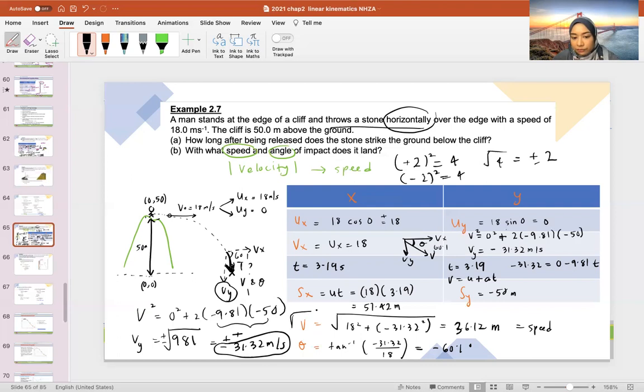Kalau kita cari V untuk magnitude ni kan, yang ni sebenarnya ada this modulus sign. When I square root the 18 squared plus, dalam kurungan, minus 31.32 squared, walaupun jawapan dia positif negatif, I am only concerned about the magnitude because of this modulus sign. So this answer will always be positive. I don't care about the negative, I don't care about the positive sebenarnya, I just want the value.